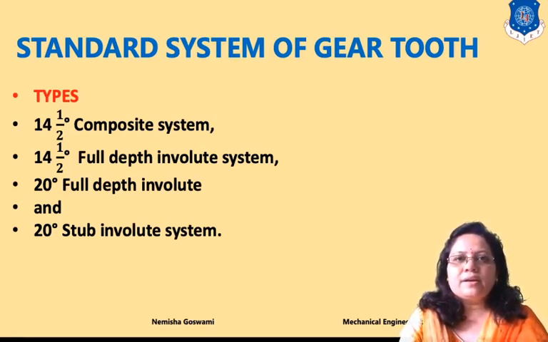Third is the 20 degree full depth involute system, and the fourth is the 20 degree stub involute system. These are classified on the basis of gear profile with respect to pressure angle. Here 14 and a half and 20 degree are the pressure angles.